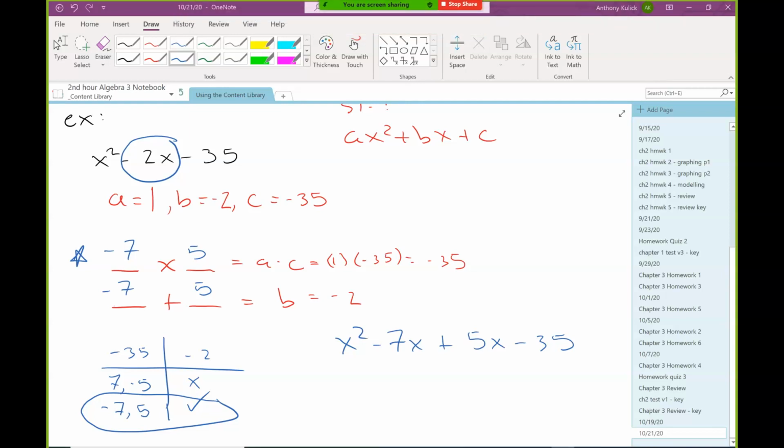Notice that's still the same as what we had before, right? Because -7x plus 5x is still -2x. I haven't really changed anything. I just wrote it in a different way. So far, so good?